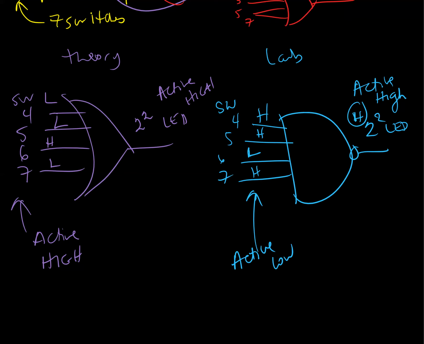So that was the difference. And the question is, why are these two circuits equivalent? How can they both be encoding? They don't look the same, right? And to think about that, we have to go back to De Morgan's theorem. And De Morgan's theorem tells us that we can convert from an OR gate to an AND gate if we invert the inputs and the outputs.